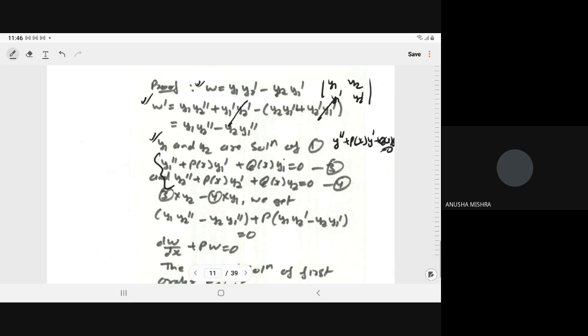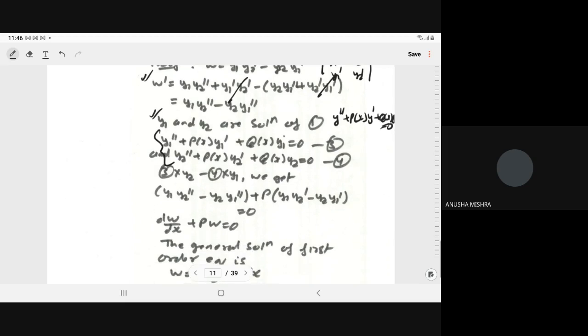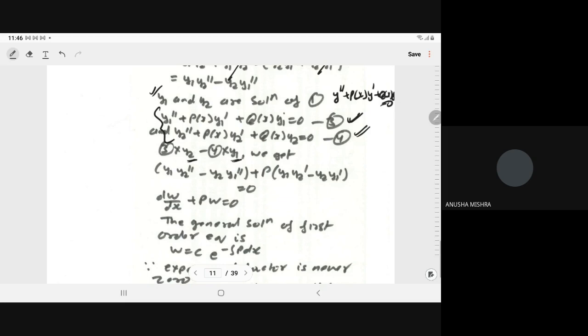Now, if it is the third and fourth equations, multiply the third by y2 and the fourth by y1, and subtract. So what will you get?